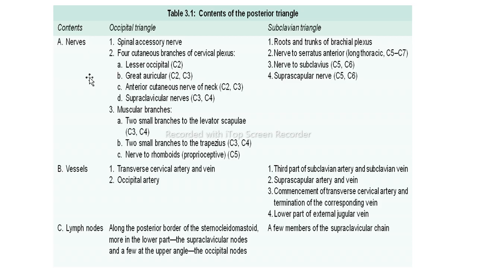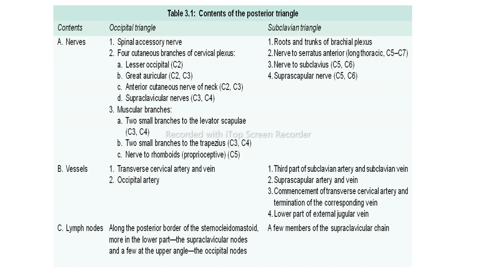So now we have seen the content: the spinal accessory nerve, four cutaneous nerves, muscular branches to the floor of the posterior triangle, and the transverse cervical artery and vein, which is a branch of the subclavian artery, and the occipital artery.